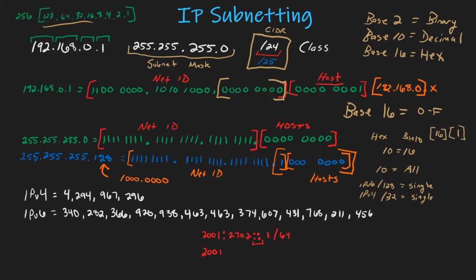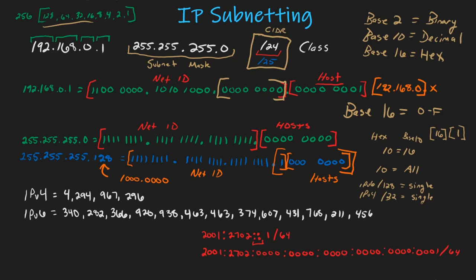The first octet 2001, colon, the second octet 2702, the third octet 0000, the fourth octet 0000, fifth octet all zeros, sixth octet all zeros, seventh octet all zeros, and then the eighth and final octet would be 0001. And then this would be /64.